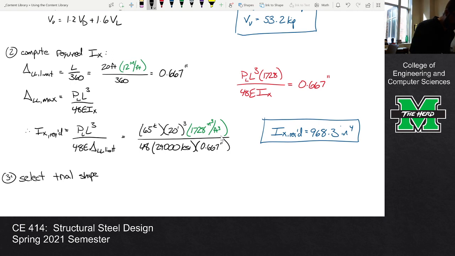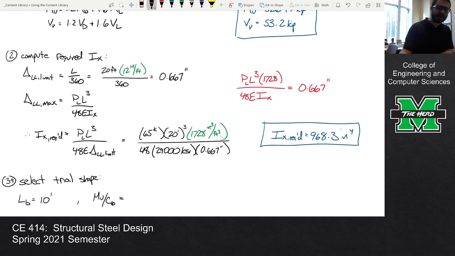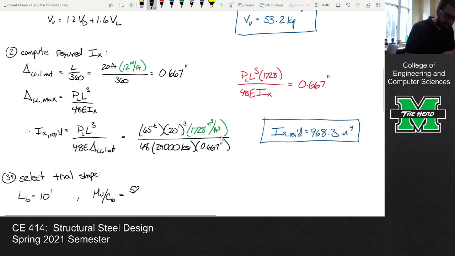And this is also kind of step 4 together, because we're also going to be checking to make sure that we meet our deflection limitations. Just to be clear on how we do that, we're going to go into the table with an LB value of 10 feet, and with an MU over CB. Now MU, we just got that, it's 526. As for CB, CB was given in the problem as 1.67.